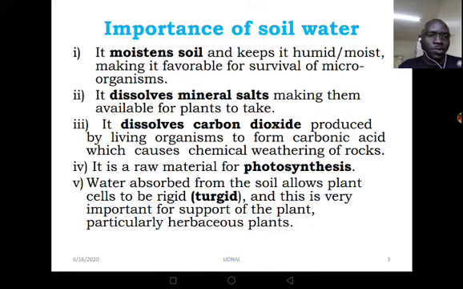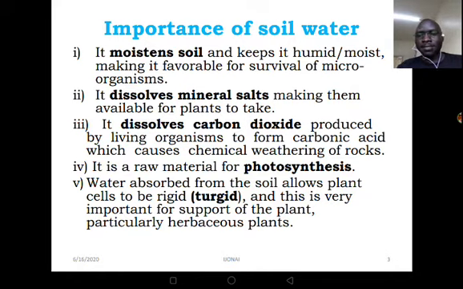This is a favorable condition especially for growth of microorganisms like bacteria, the fungi, the nematodes, the annelids that live in the soil. They like living in a moist and warm environment. So the moisture is always provided by the water. So water is important because it keeps the soil moist, enabling the microorganisms to live.